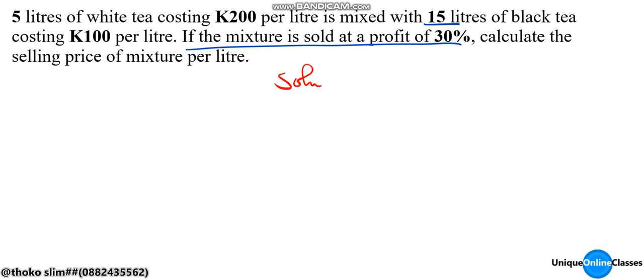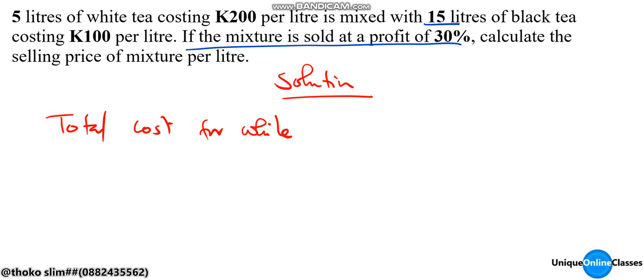So, solution. Total cost for white tea is equal to 200 kwacha times 5 liters here. If you multiply that, that's 1000 kwacha. And then we should find the total cost for black tea.